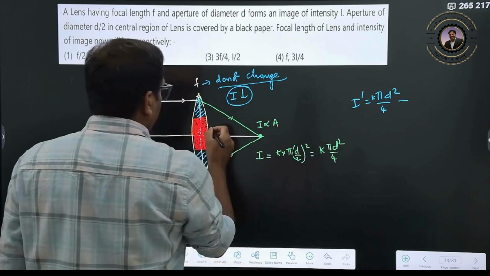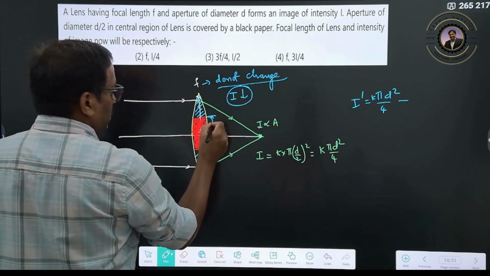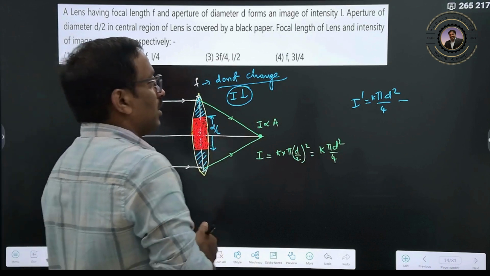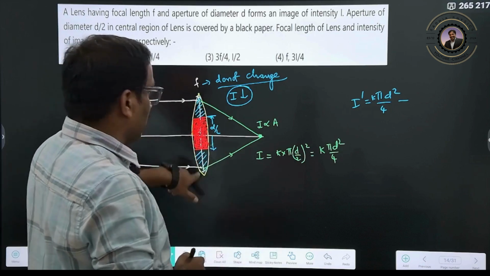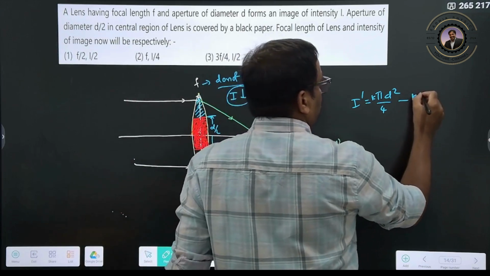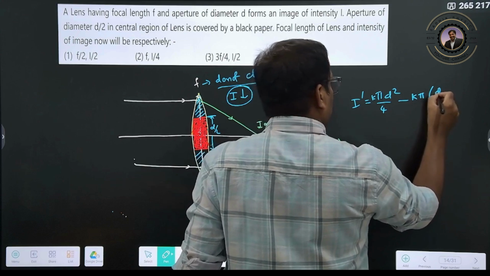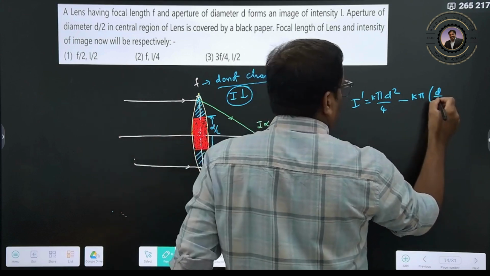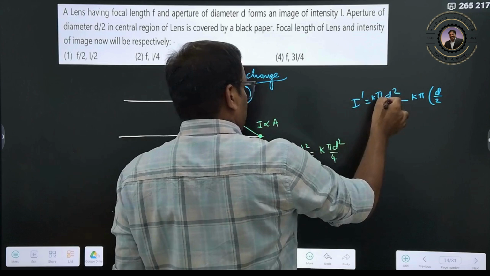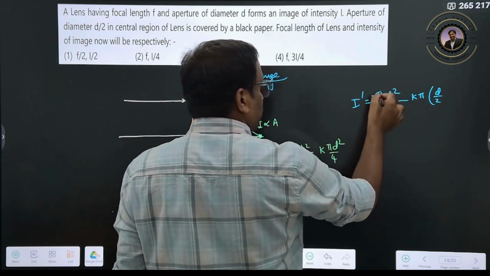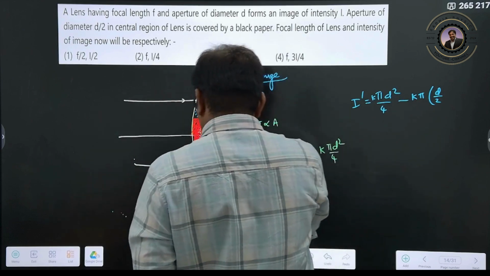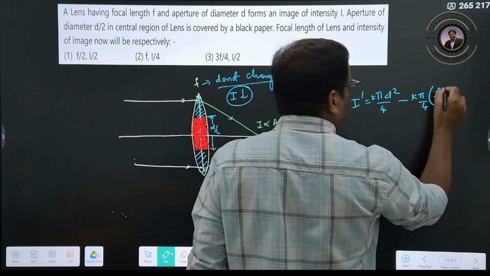The diameter covered is d by 2, so we remove k into pi by 4 into d by 2 whole square.